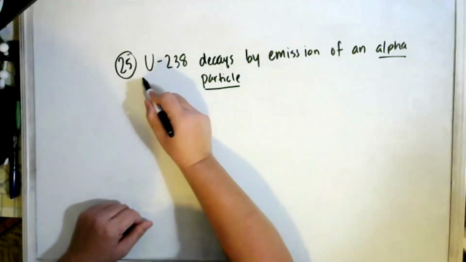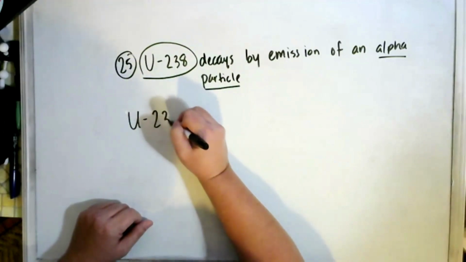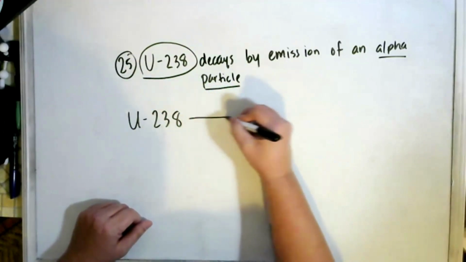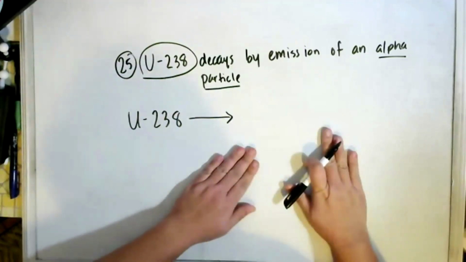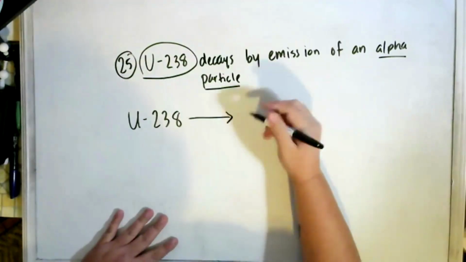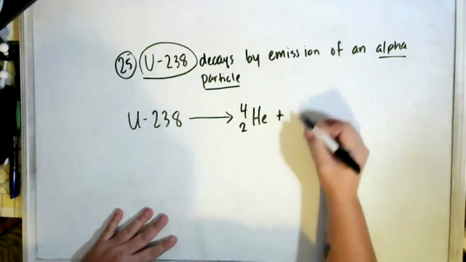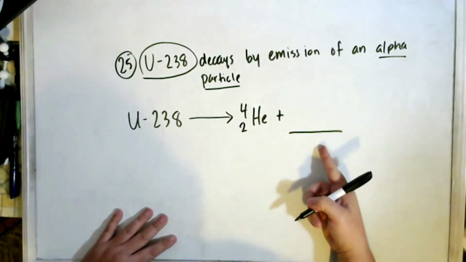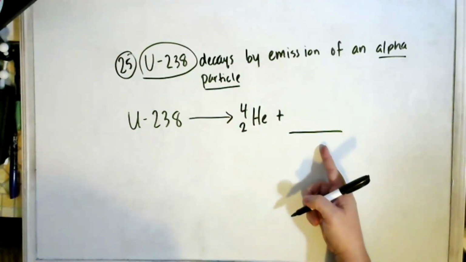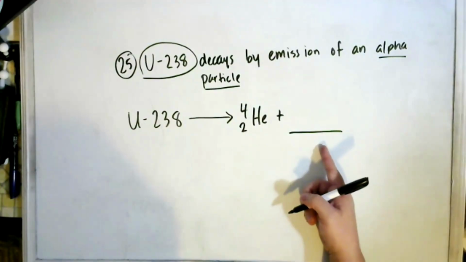Okay, so you're starting out with uranium-238. That's your parent nuclide. And then on your product side, you're going to release an alpha particle. And now we're going to figure out what the other product is. And this other product is going to be the thing that we're going to match to one of the answer choices.